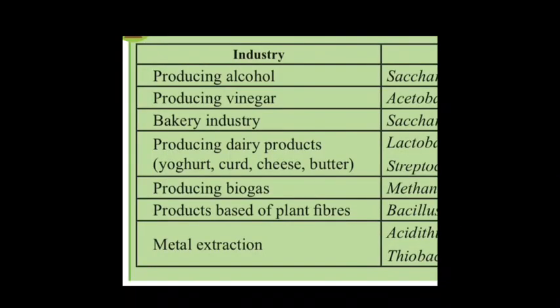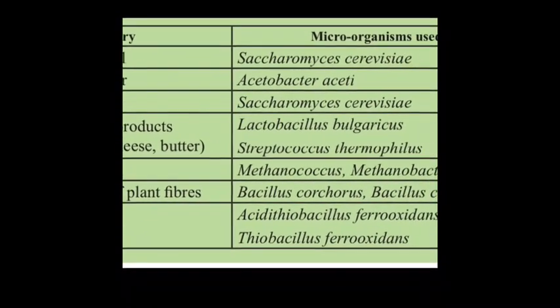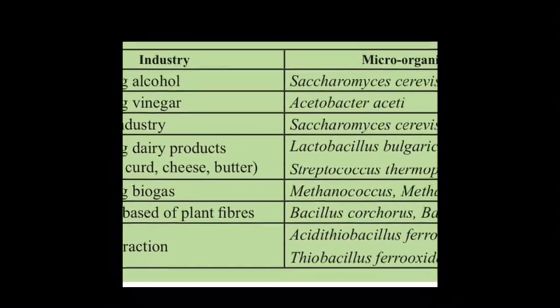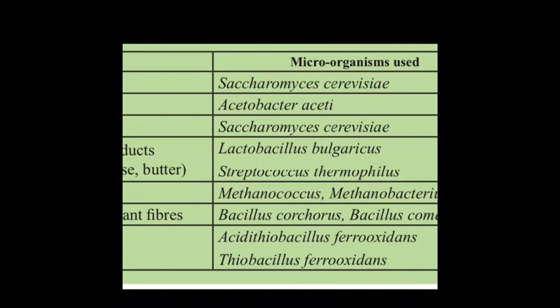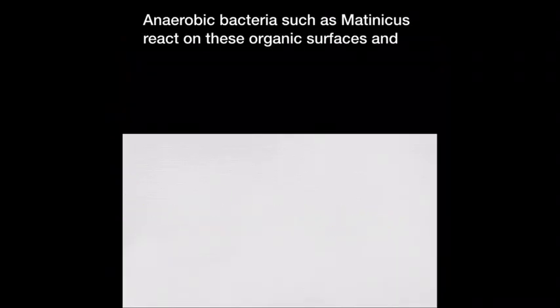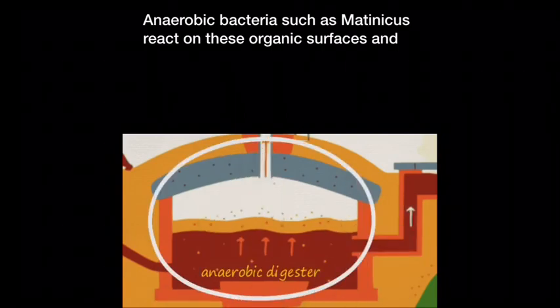This table shows the type of microorganism used in each industry. Anaerobic bacteria such as Methanococcus react on these organic substances and biogas is produced.